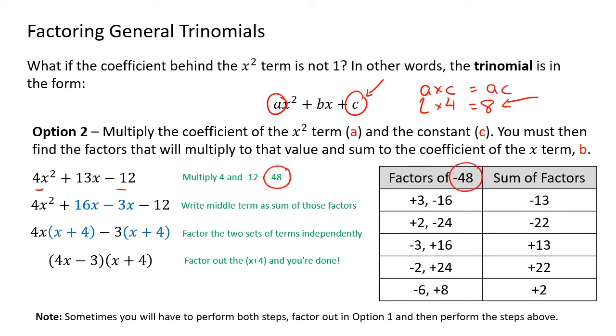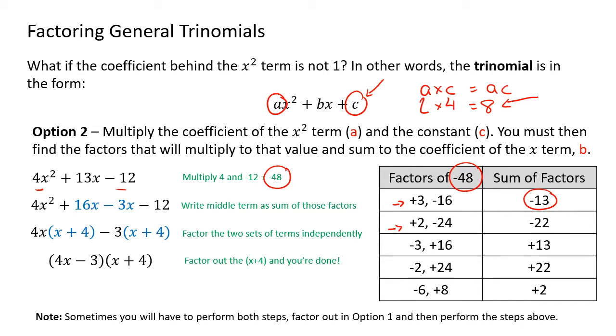So we're looking for factors of negative 48. And in this case, just like we did in the first instance, the factors have to add up to positive 13. So our first factors, we could have positive 3 and negative 16. That gives us negative 48. Adding them up gives us negative 13, which doesn't work.